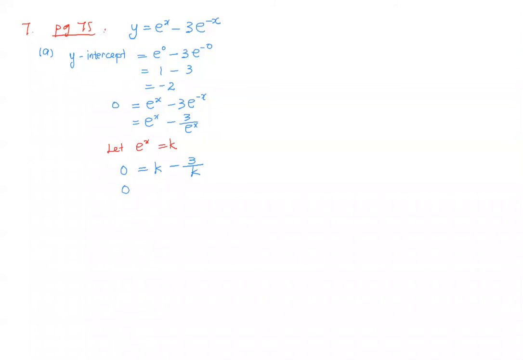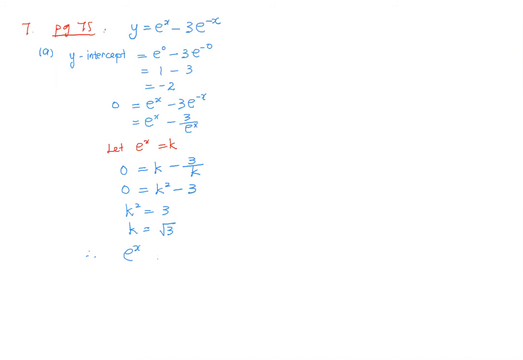Okay, so you have everything times k. So k squared equal to 3. So k equal to square root of 3. Yep. So therefore, your k is e to the power of x.